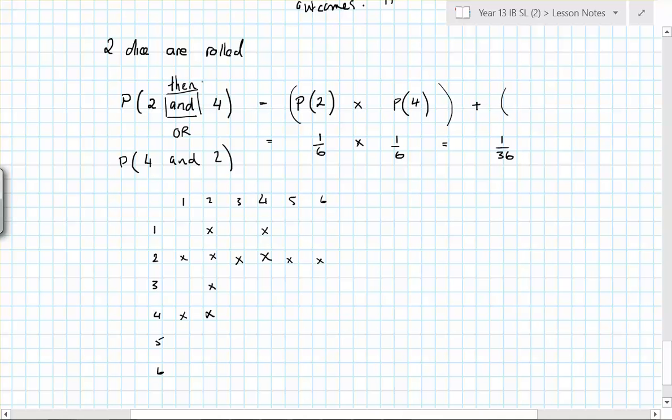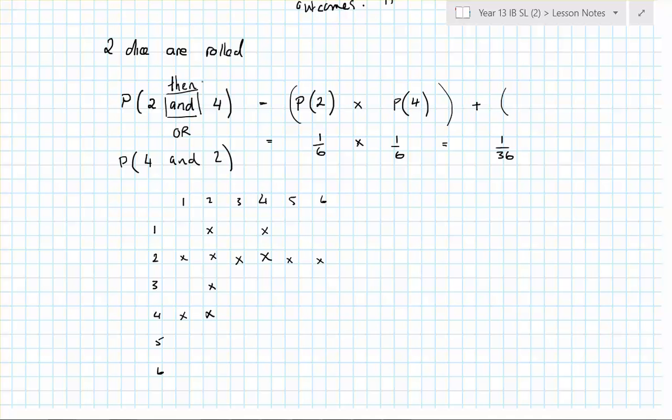Or like you said, what if I make it conditional, like I know the first dice was a 2, what is the probability the second one will be a 4? So it's different. You have got to be aware of the vocabulary of it. What we were talking about was the 2 then 4, just one, obviously. It should be 1 out of the 36.